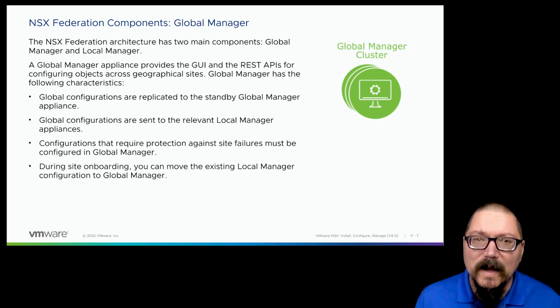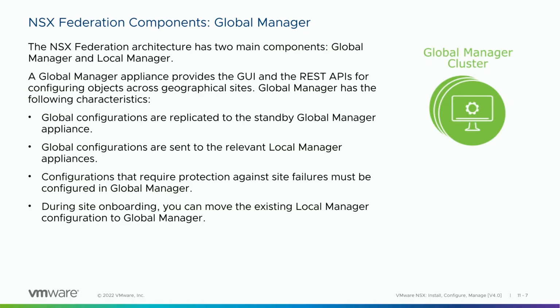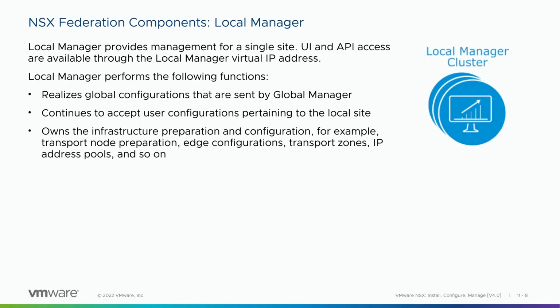The policy role in Global Manager will send policy requests to each of the relevant local managers to have those things realized inside each given location. So the local manager, the NSX manager cluster that we've been working with, is still amazingly important here. It's something we absolutely have to continue to have. So we're going to onboard local managers into our global manager.